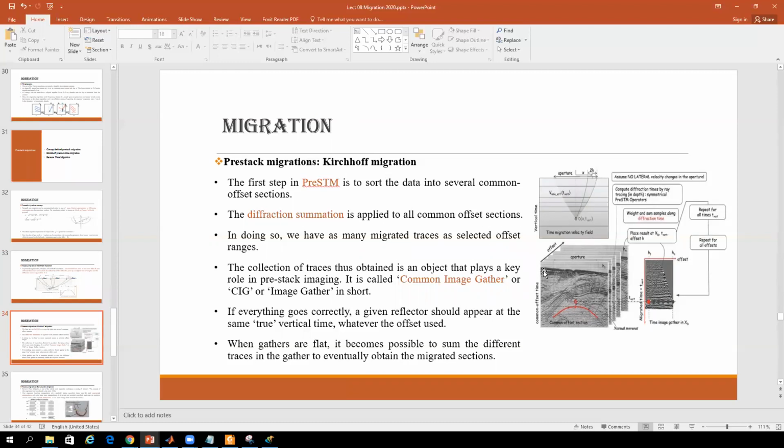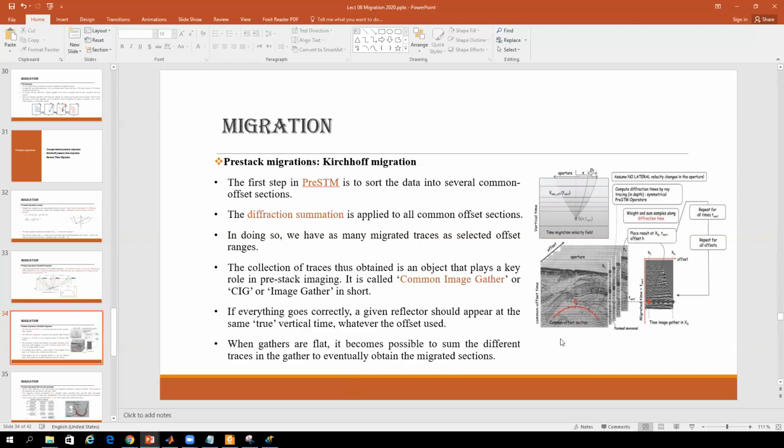Once we have the migrated sections, we can take out all the traces according to their locations or the CDP locations. If we do that, we can reconstruct our pre-stack gathers again after the migration.